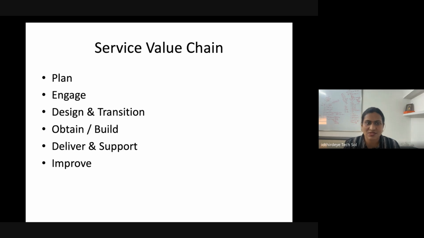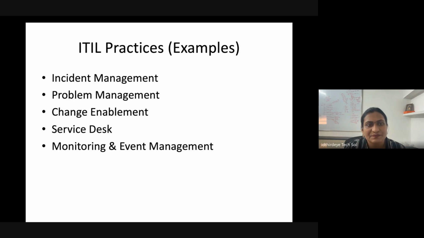Then you build it, you deliver, you support, and then you keep improving it. It is like a waterfall model. These are the step by step workflow followed in the ITIL framework.